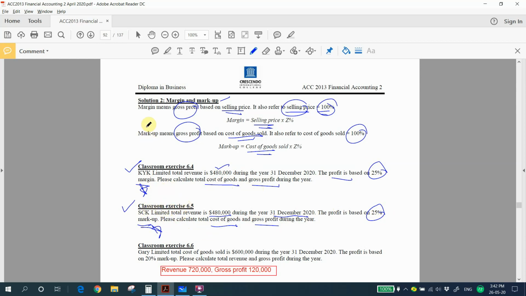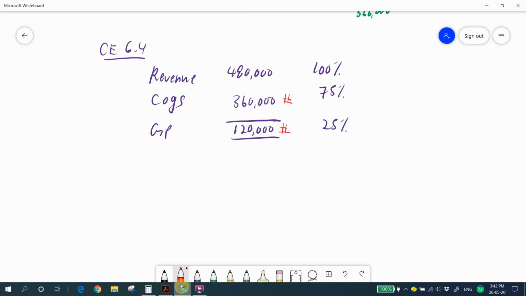So back to solution 2 here. Markup means that gross profit is based on cost of goods sold. So we do a similar table. This is classroom exercise 6.5. We have revenue, cost of goods sold, and gross profit.